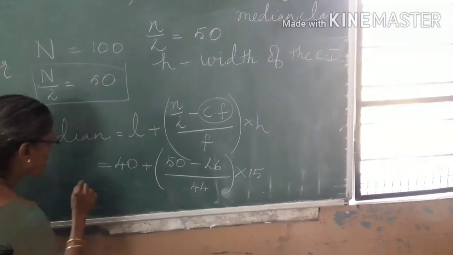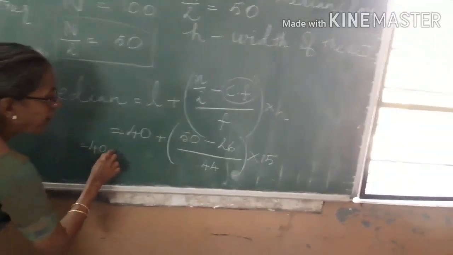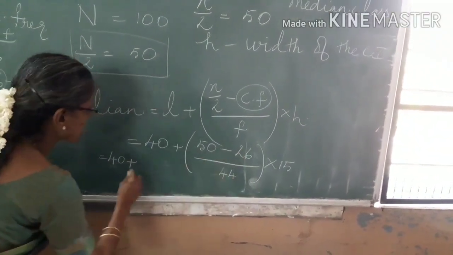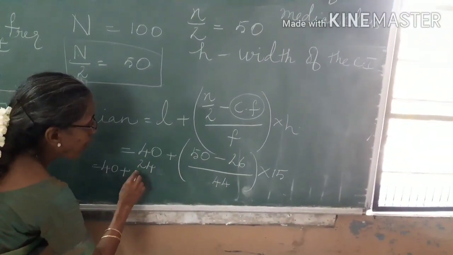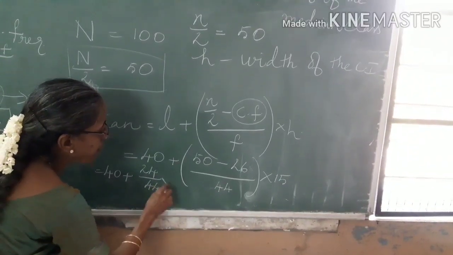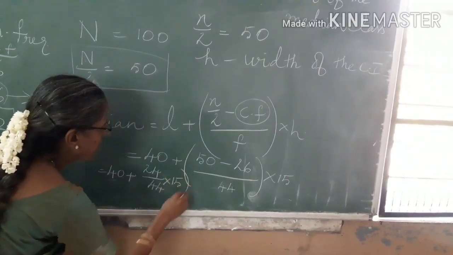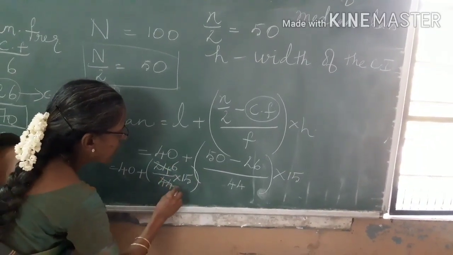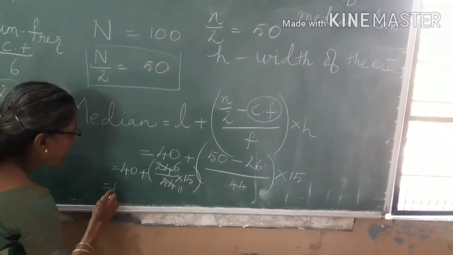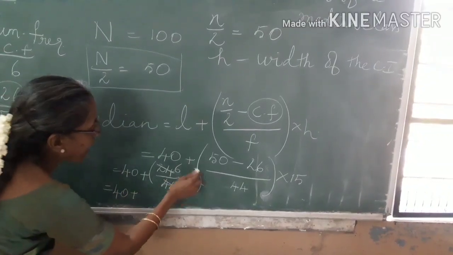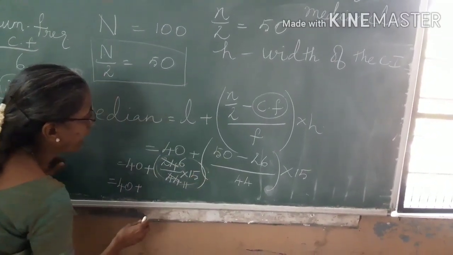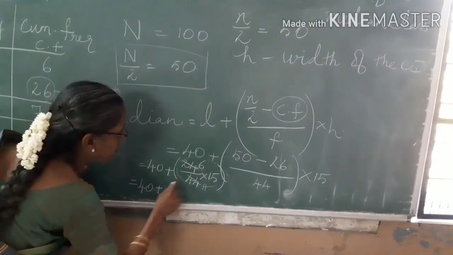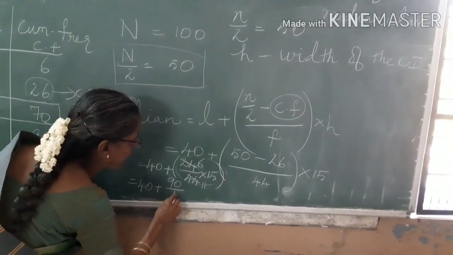So here, 40 plus (50 minus 26 is 24) by 44, multiplied by 15. Here we can divide by 4, and here 11 times. Whenever you are doing this, simplify the fraction alone, don't take the LCM. 6 into 15 is 90 by 11.